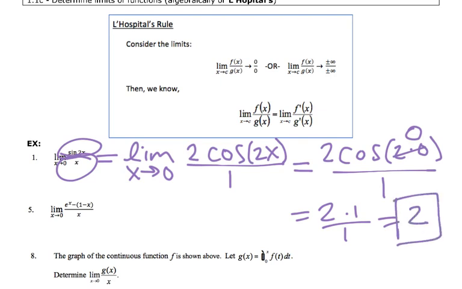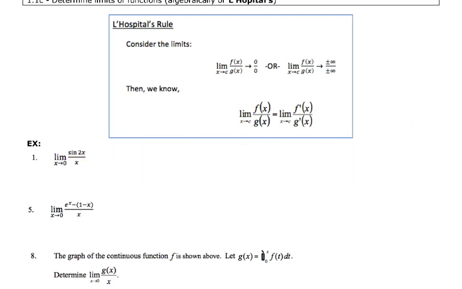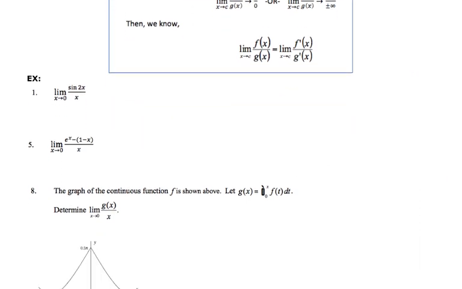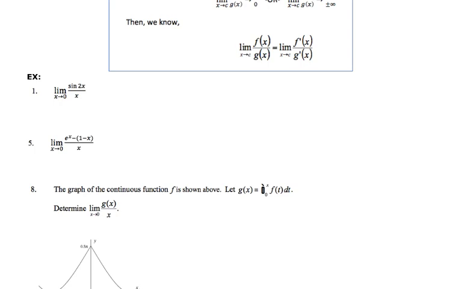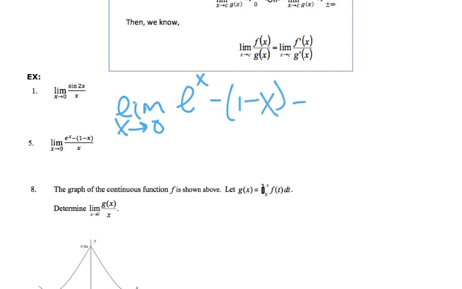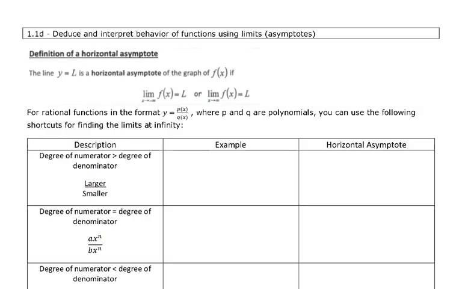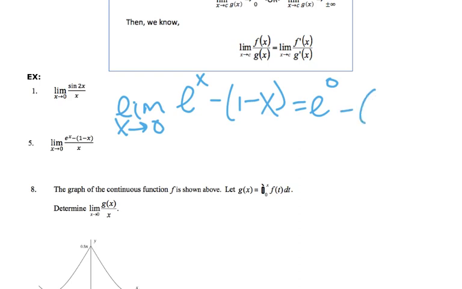Okay, well, let's take a look at another example. Number 2, this is also going to be L'Hopital's rule being applied, but let's show why. So the limit of e to the x minus parentheses 1 minus x, when we plug 0 in, we get e to the 0 minus the quantity 1 minus 0.